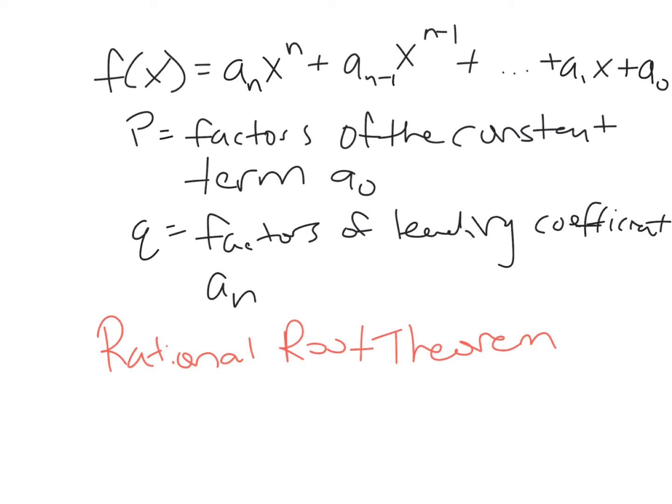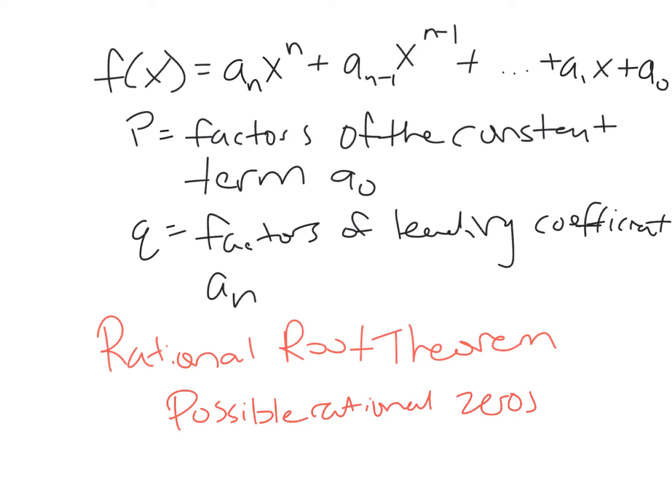And what we do with these is find all the possible rational zeros of the function. Now, let's talk for a second before I get into this. Why would we have this rational root theorem? Our goal with this is that sometimes we can't factor things, okay? Sometimes it does not work out.